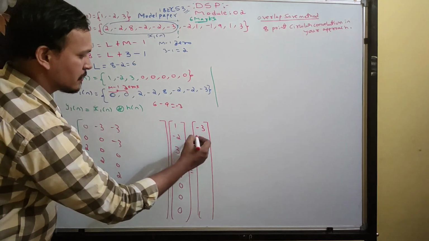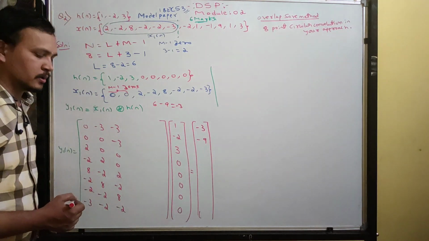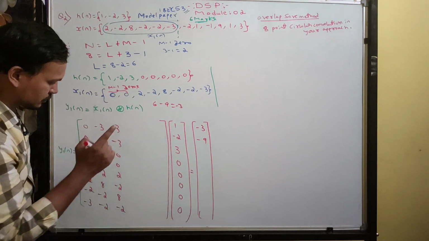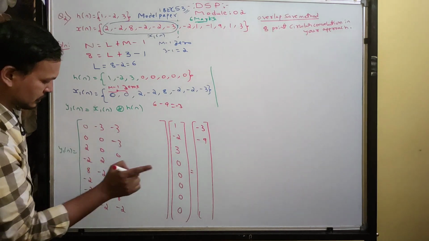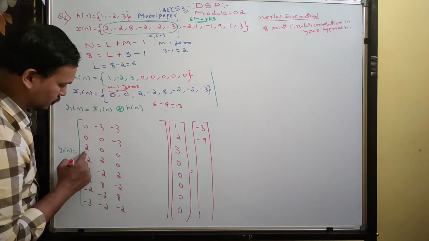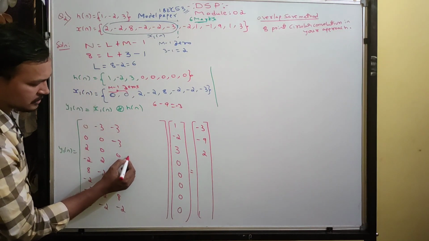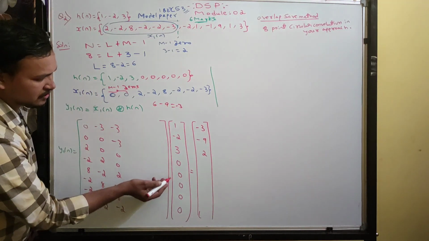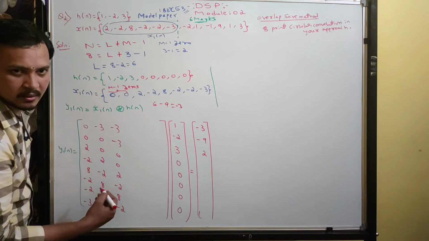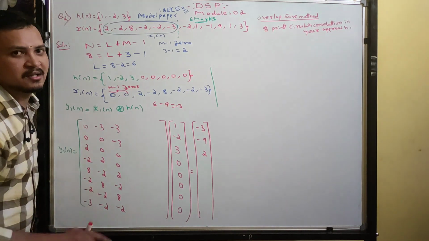Minus 3 into 3, minus 9. Next, 2 into 1, 2. 0 into this, 0. 0 into this, 0. So 2. Next further, any value here is multiplied with 0 only, so you need not write all in sequence. But you must write it in the exam.